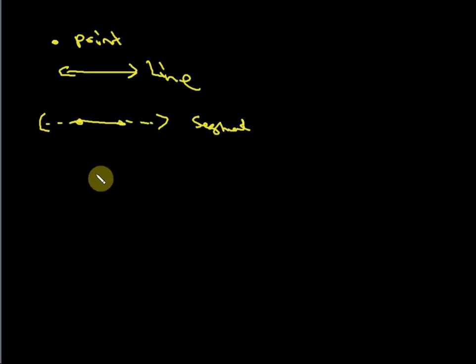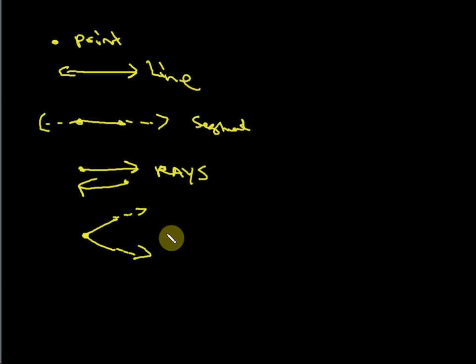And then I said, well, what if we only want to look at one portion of the line, right? So these are the rays. And then I was like, well, what happens if we connect them? Then we get the rays with the endpoints together, right? And then this is the angle. We always denote an angle with a little curve.